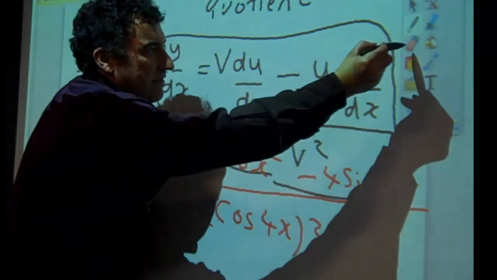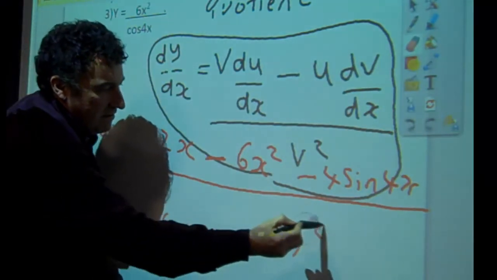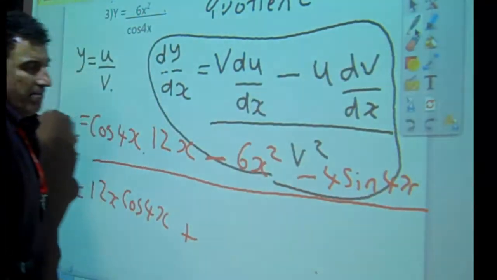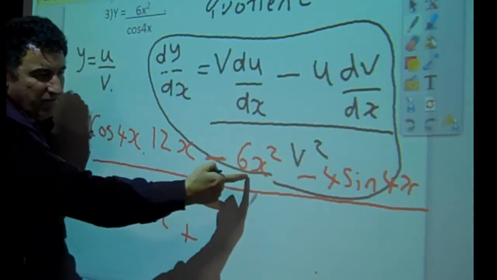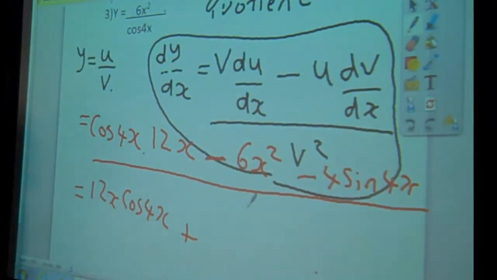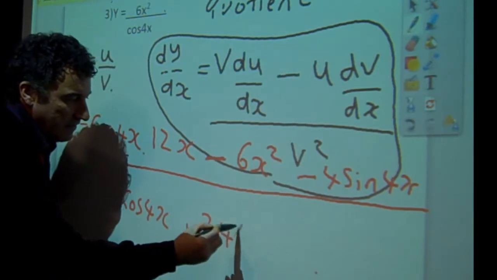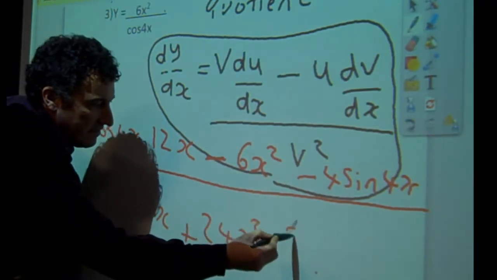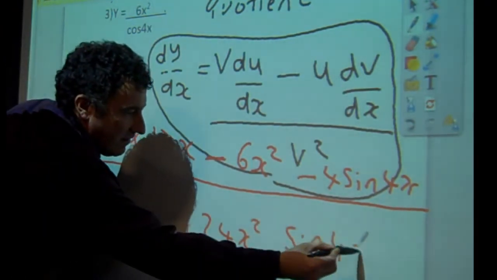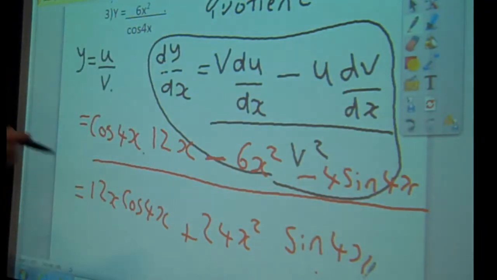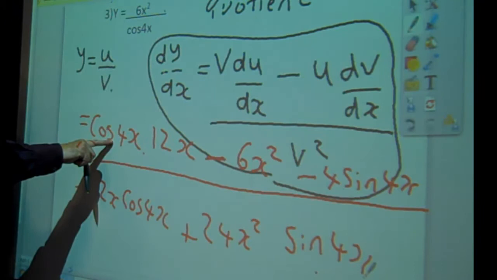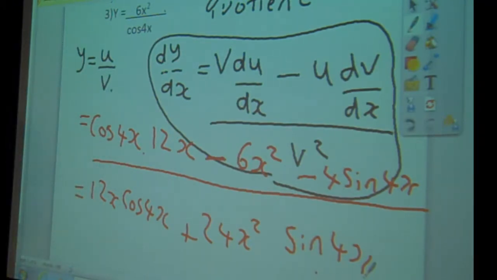I have to get rid of this, by the way, this bottom bit here. Yeah. A minus times a minus is a plus, and we've got 4 of these. We've got 4 of these little fellas. So it's 24x squared. See that? 24x squared sine 4x divided by, don't forget that, divided by cos squared 4x, or cos 4x squared.